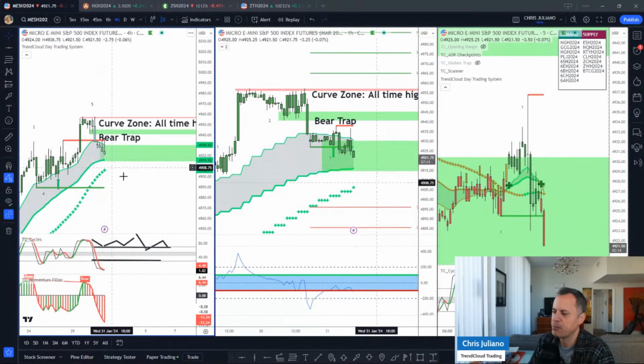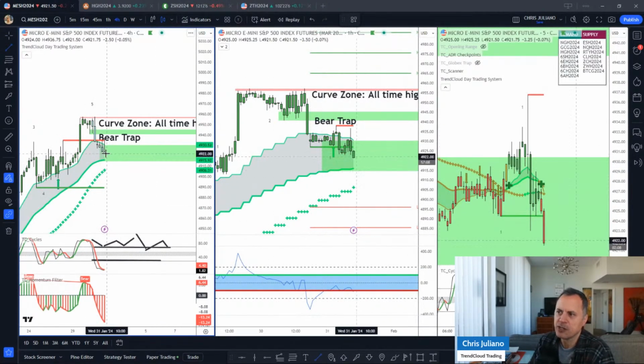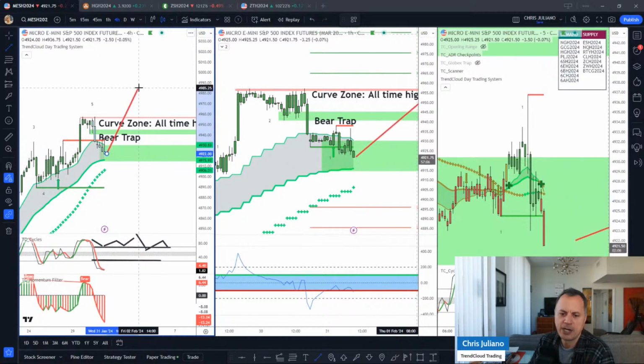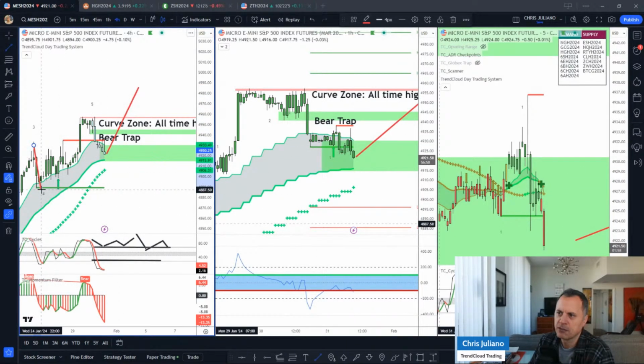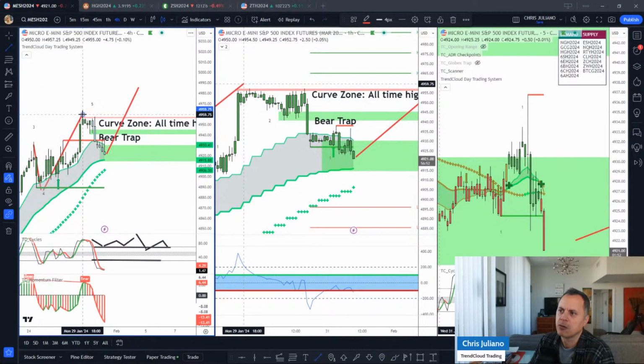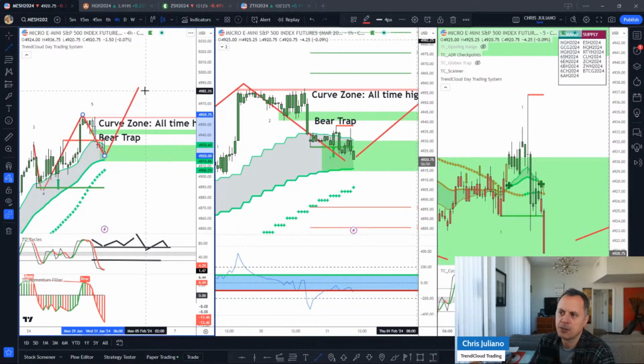What is the expected reaction when you get price pulling back into the trend cloud, right? The move up. That's how it moves. Correction into the trend cloud, impulse up, correction into the trend cloud, impulse up, right?